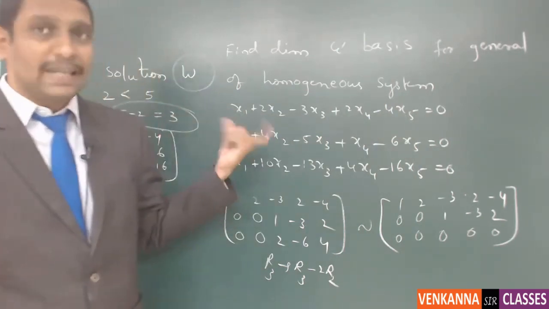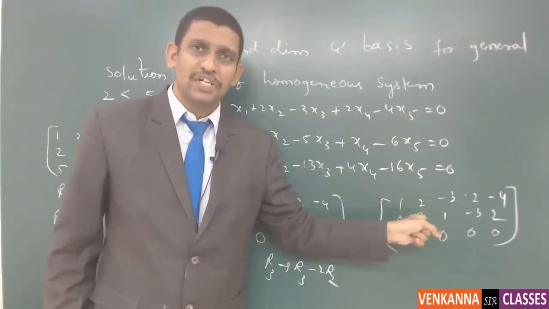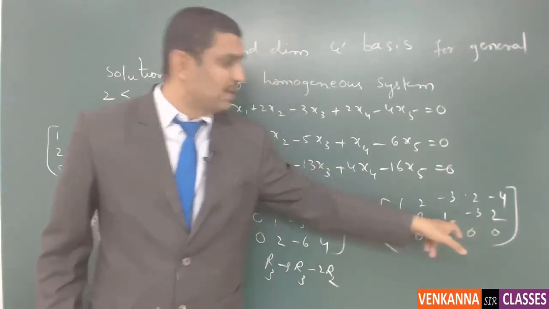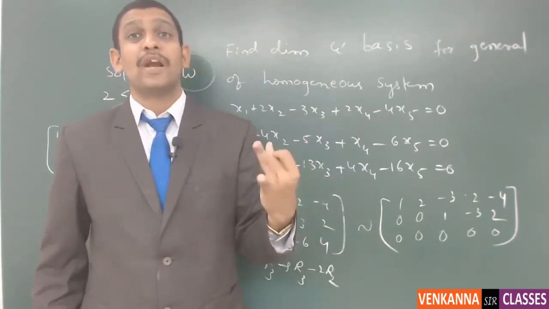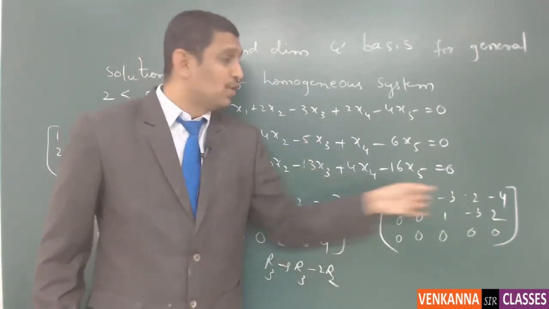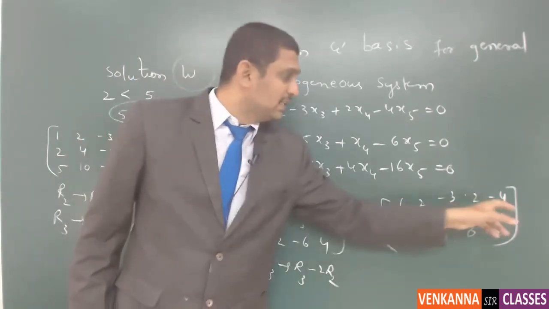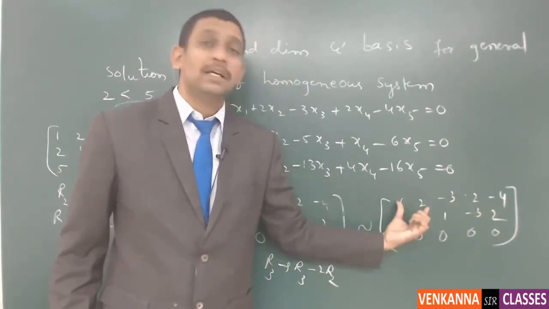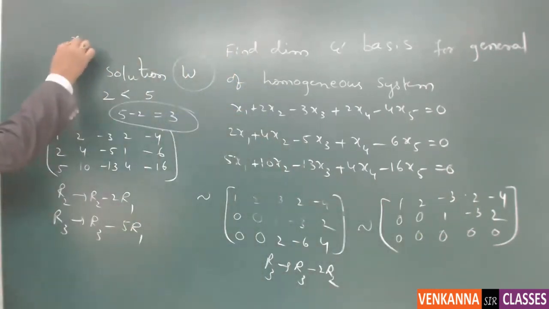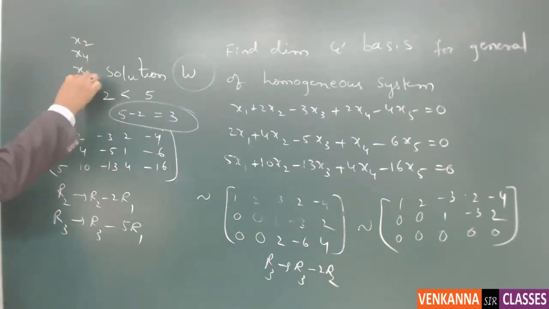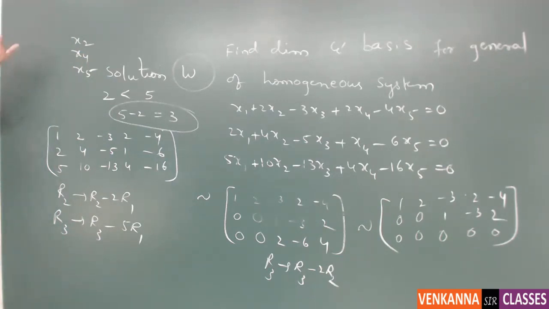If you take them like that, from the second equation, these 3 will become constants, and it is not possible to find the values of x1 and x2, because we have only one row left. If you take these 3 values as constants, the parameters, finding x1, x2 will be difficult. So for that, you take x2, x4, x5 as constants. We set them, say a, b, c for our convenience, or you can take k1, k2, k3, whatever it may be.